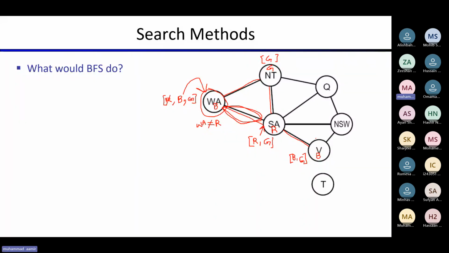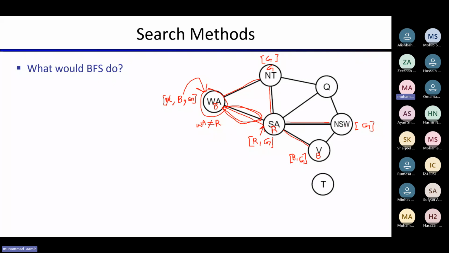Okay, you can see for now there is no constraint violation. Then we will go to this state, let's say, and we will check the domain availability. So the value that is available for this is green, right?